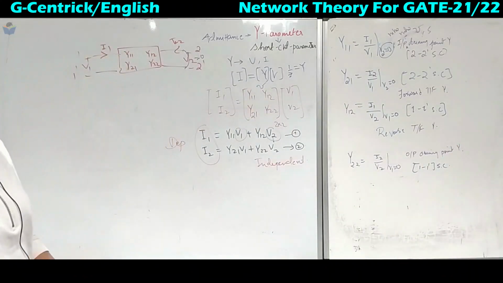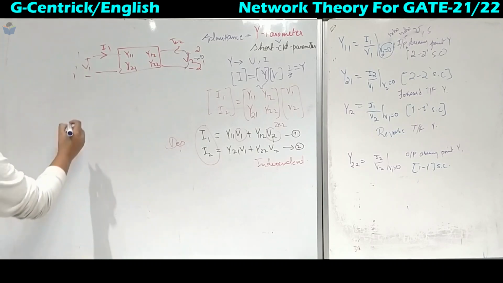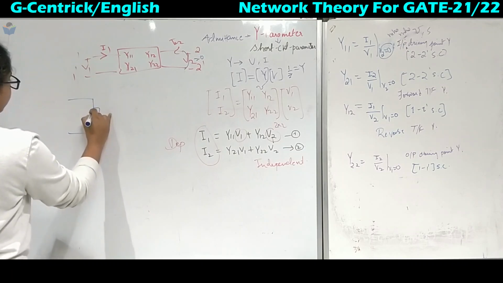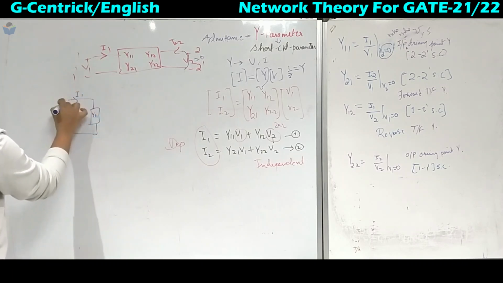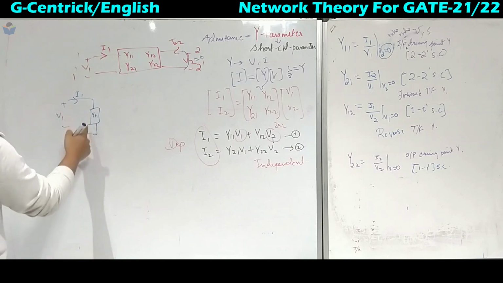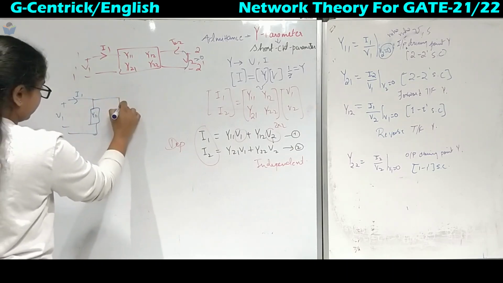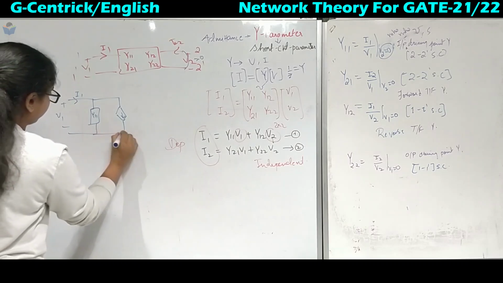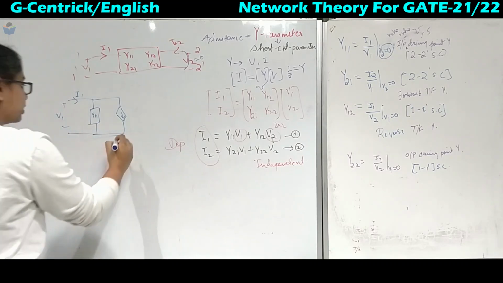Now we can draw the synthesis diagram for this one. The synthesis will not be in series, it will be parallel like this, and this is I1, this is V1. This is an admittance, then we have a current source connected in parallel with the admittance.